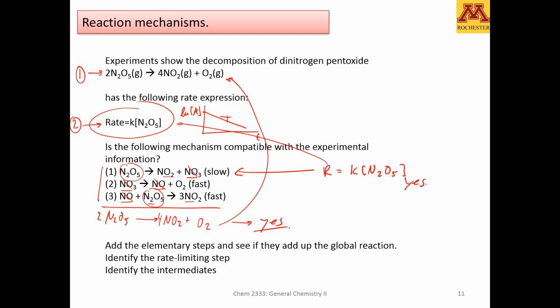So yes, this mechanism is compatible with those two observations. First I thought that there was going to be 2 oxygens, but I was clearly mistaken. So in this case, this mechanism is a good mechanism. It may not be the right one, but at least it can explain both observations. We would need to do more observations to contrast this mechanism further.